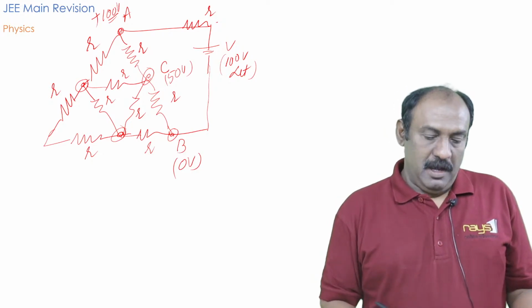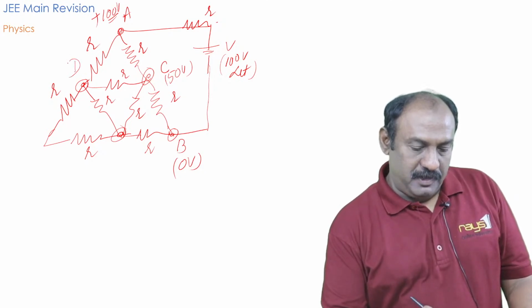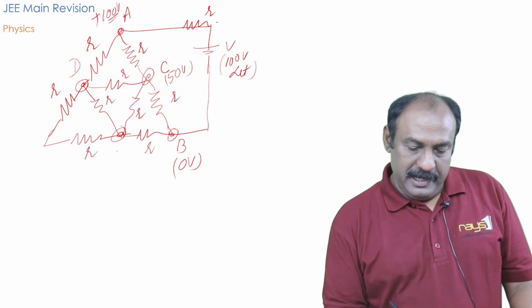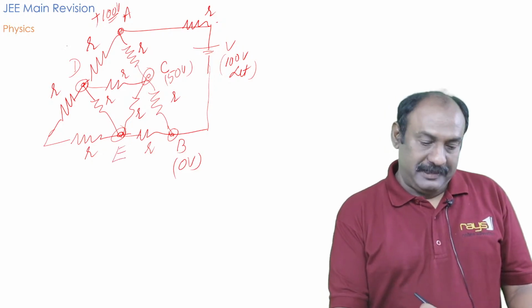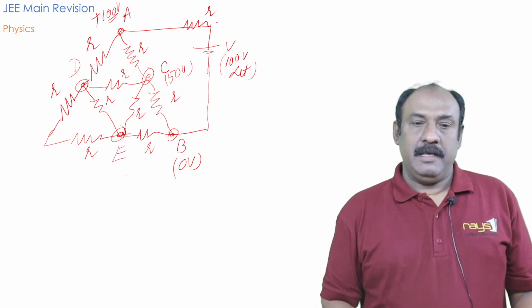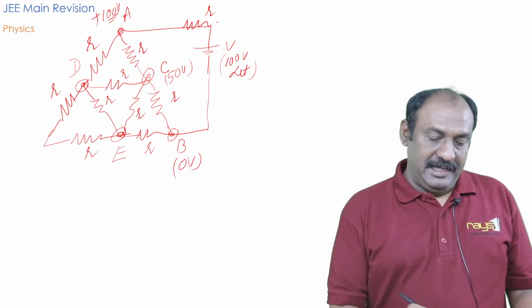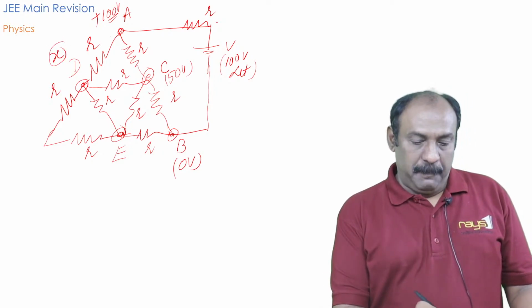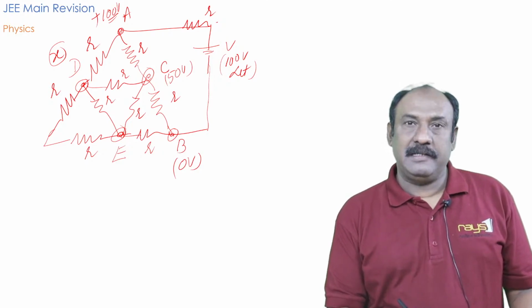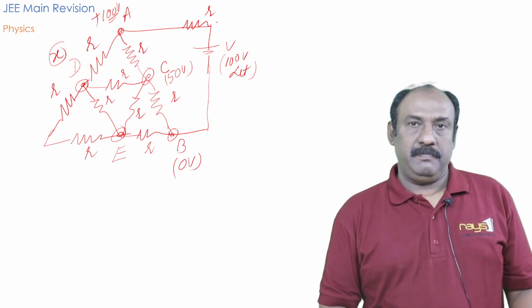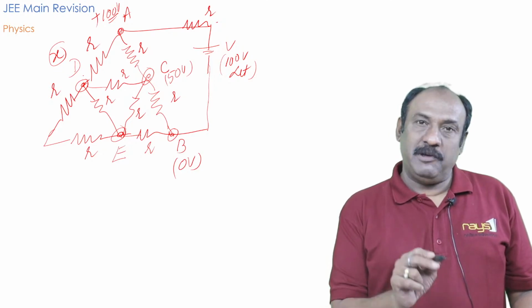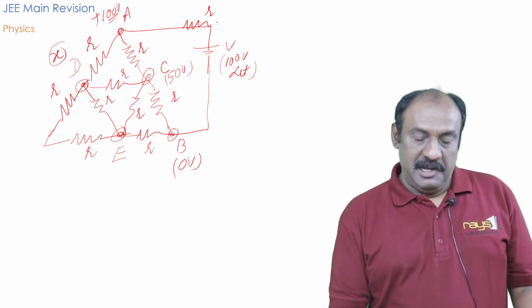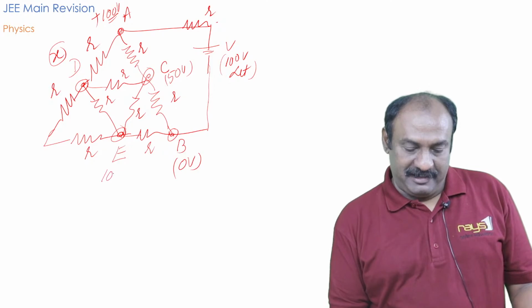Now along the path ADE, there are 2 junctions. Let the voltage at junction D be X. Then along the path from A to E the drop is 100 volts. At D let the potential drop be X, then the potential drop at E is 100 minus X.